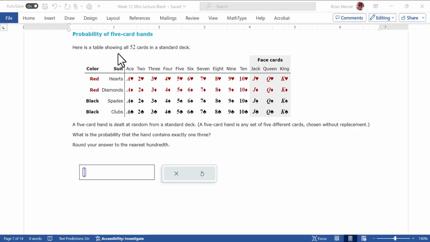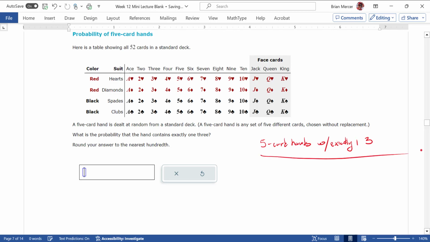So to answer this question, you need to think about how many 5-card hands with exactly 1 3, and then how many 5-card hands. So the total number of 5-card hands.